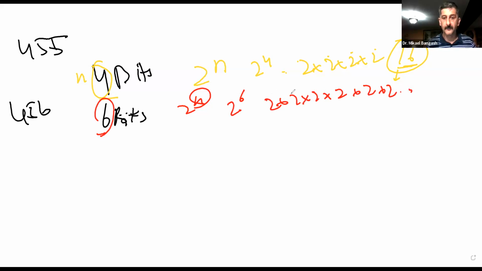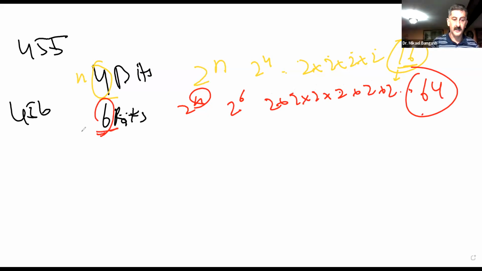So that becomes 4, 8, 16, 32, 64. So 64 shades of gray per pixel, if each pixel has 6 bits. Did that make sense?